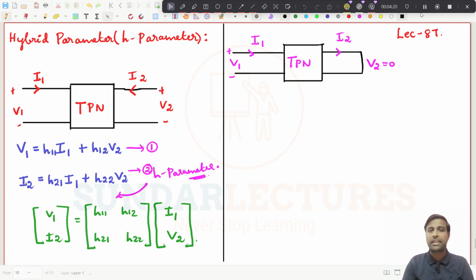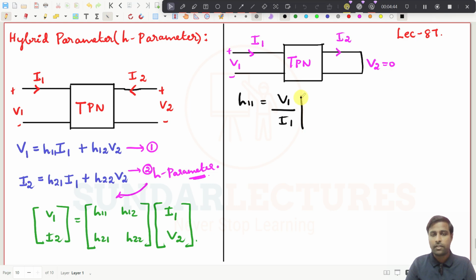So this is the diagram, and you see here we have short circuited the second port, which means the output port, and what we are getting here is V2 equal to 0. Then H11 is equal to V1 by I1, with respect to V2 equal to 0.